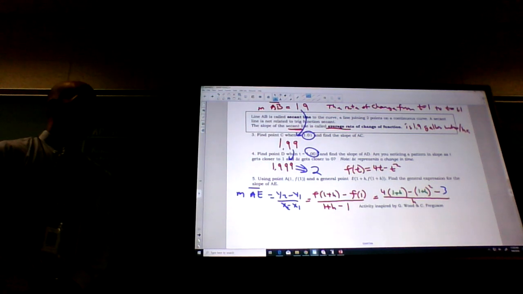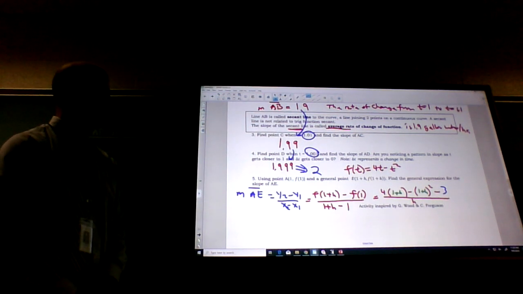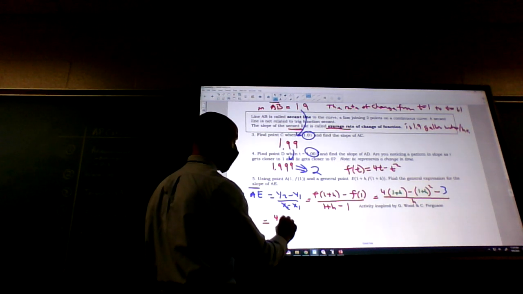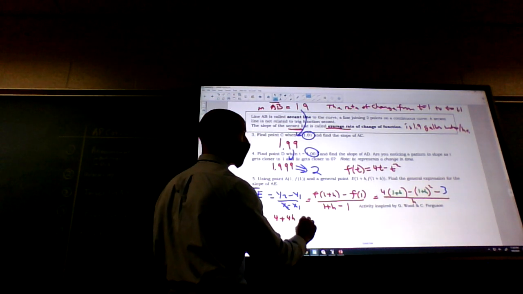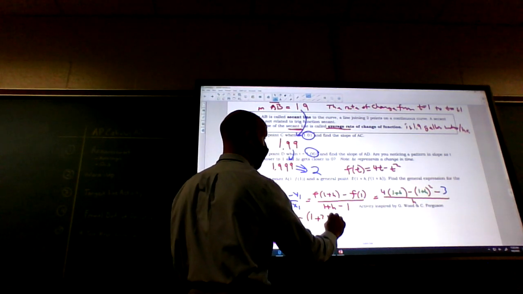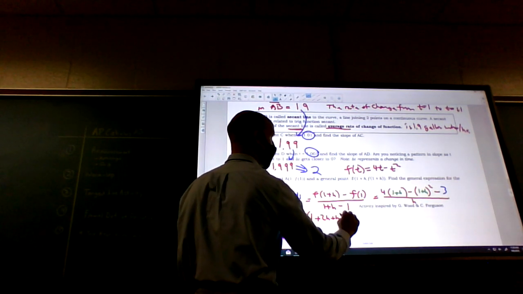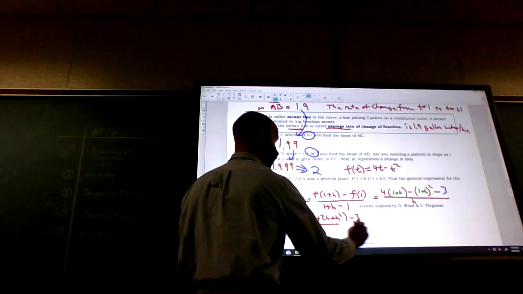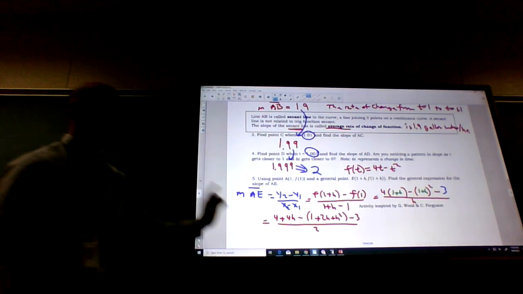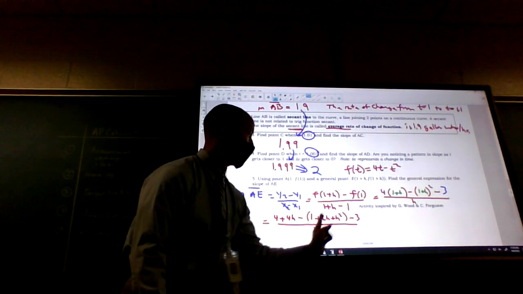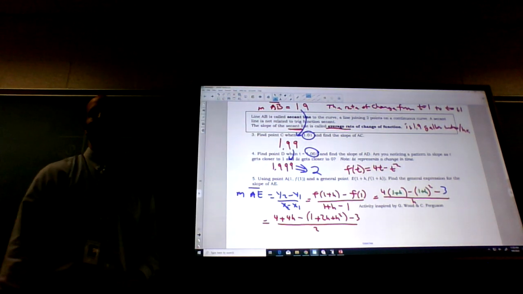Okay, still not quite there, but we're getting there. Now I got to do a little bit of algebra. So that's going to be 4 plus 4h minus 1 plus 2h plus h squared, minus 3, all over h. All I did there is I did the distributive property, and then I FOILed that 1 plus h thing squared.